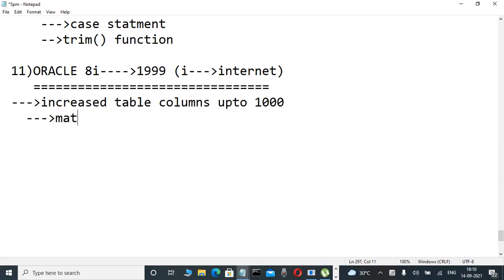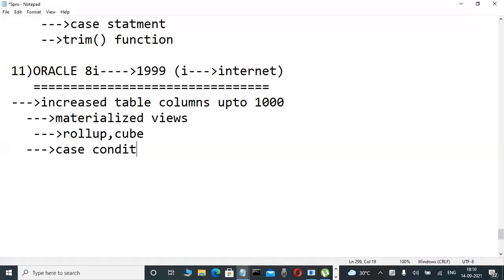Write it fast. Materialized views, most powerful in the data warehouse concept. Again, rollup and cube concepts. Rollup, comma, cube. Note it down. Here, the CASE conditional statement. Another one: bulk bind, most powerful.